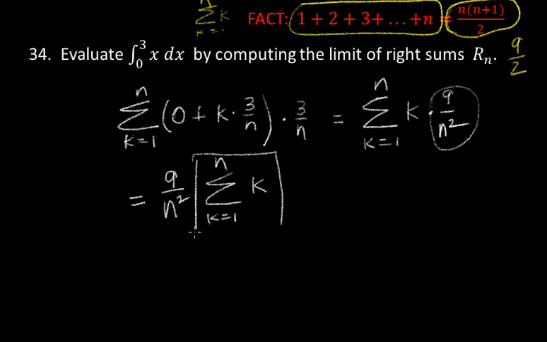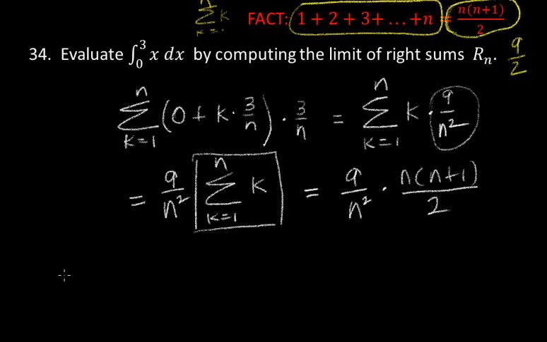So I'm going to replace this sum, 1 plus 2 plus 3 plus 4, etc., up to n, with the formula that we are given. 9 over n squared times n plus 1 over 2. This is a closed form, and I can take the limit.